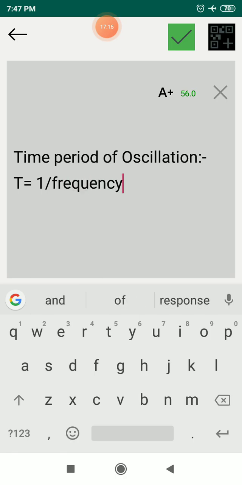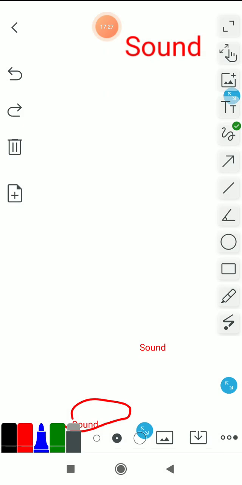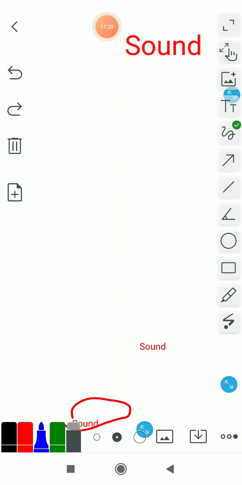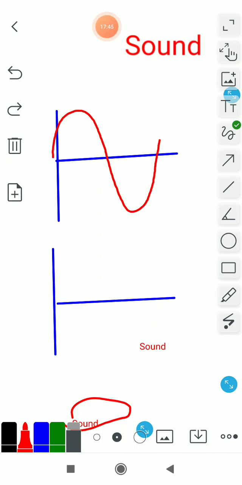Let's discuss that. See, here I am drawing first 2 graphs. Here one graph, here another graph.